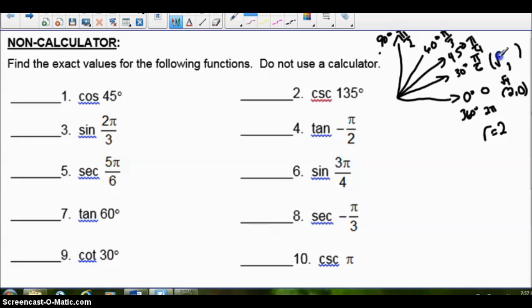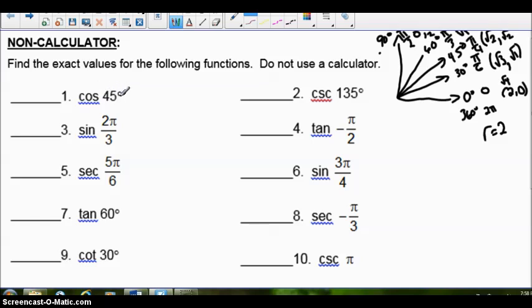So this is the square root of 3, then the square root of 2, square root of 1, and then 0. And the y value is just the opposite: square root of 1, square root of 2, square root of 3, and then 2. So now I have the basics of what I need to answer questions.